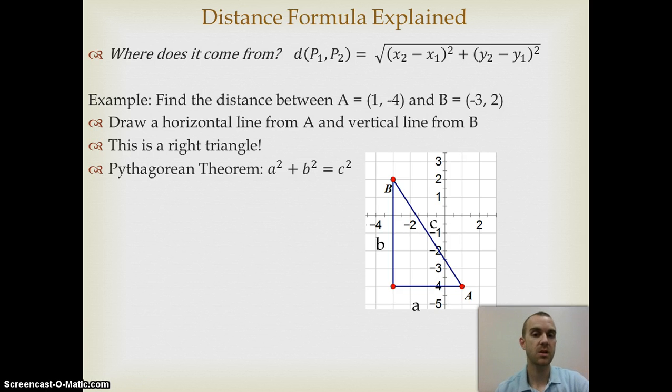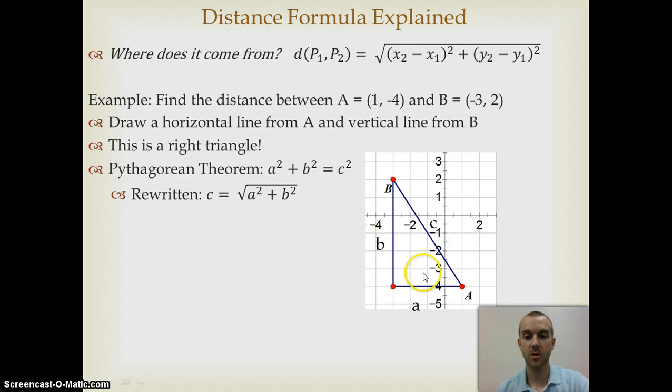Now, if we make one simple change to the Pythagorean theorem, we could say that the hypotenuse, in other words, side AB, its measure is going to equal the square root of a squared plus b squared.